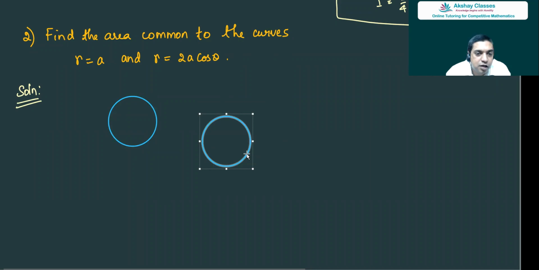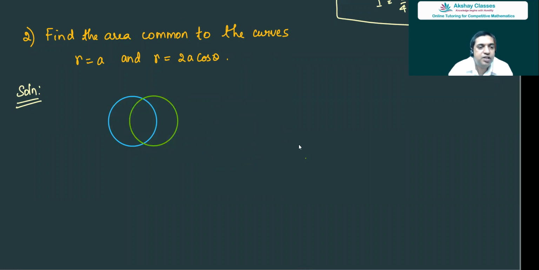Both are circles. Both are circles of radius A. Just that for the first circle, R equal to A, the pole is at the center of the circle.